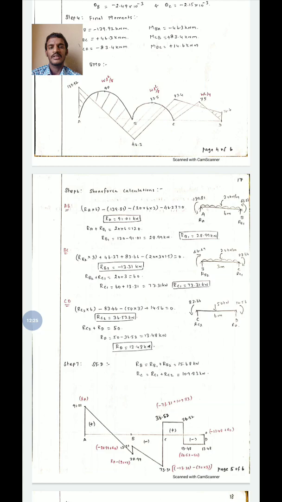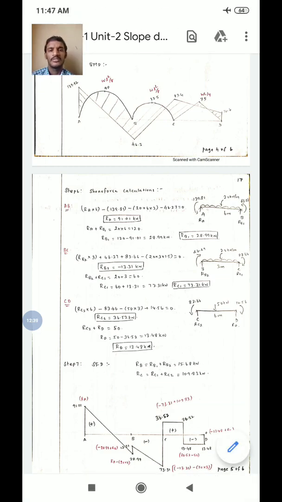For the UDL load, 20 into 6 meter span is acting, therefore 20 into 6. From the center of the UDL portion to the B end, it is 6 divided by 2, therefore it becomes 3 meter. Then the right side anti-clockwise moment 46.27 is acting. Calculating this, we get the final answer RA as 91.01 kilonewton.